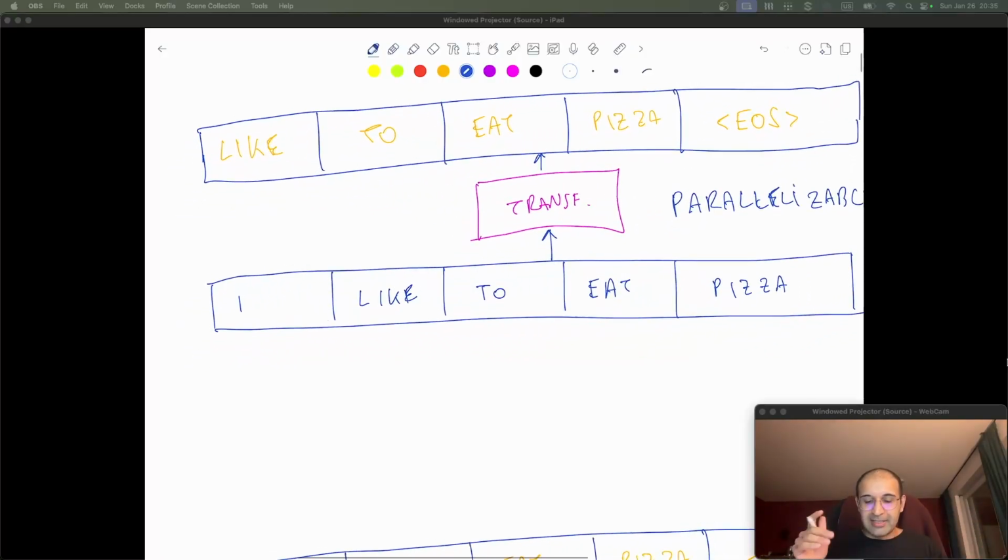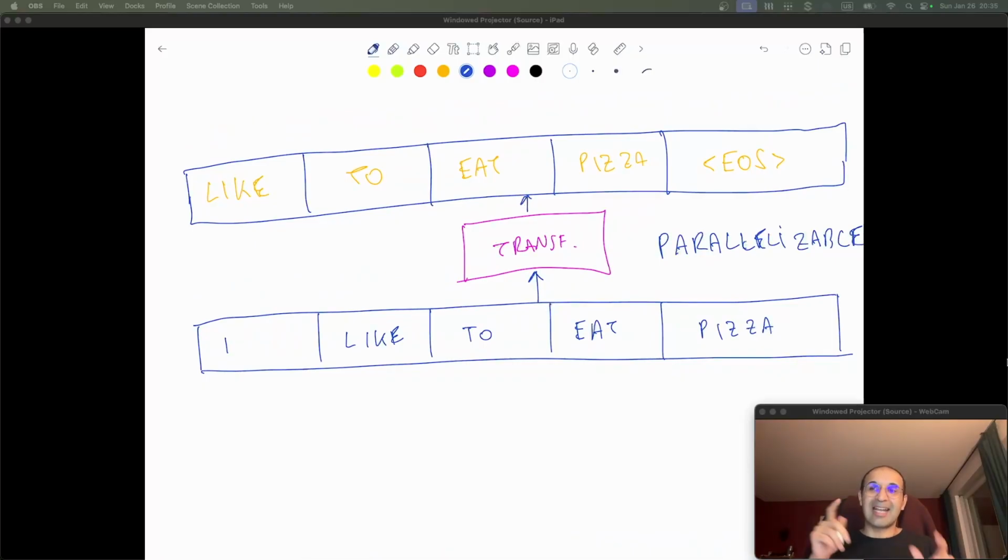So the transformer, in order to predict a particular token, can always see the entire sequence, and that's why it's parallelizable. We feed the entire sequence to the transformer to predict each position. Because we feed the entire sequence, the transformer can see it all, and it can compute the output at each position in parallel.